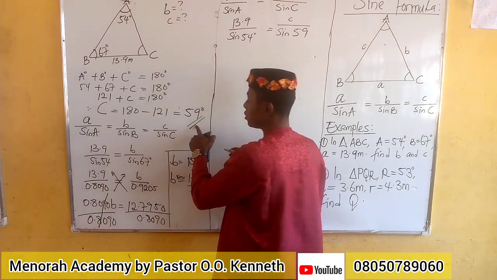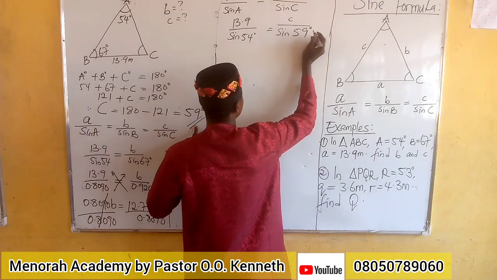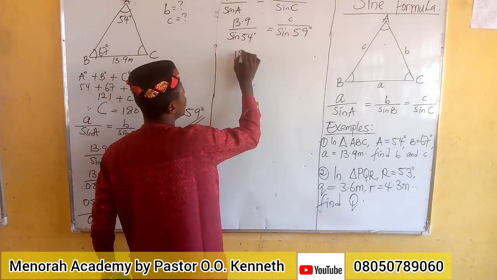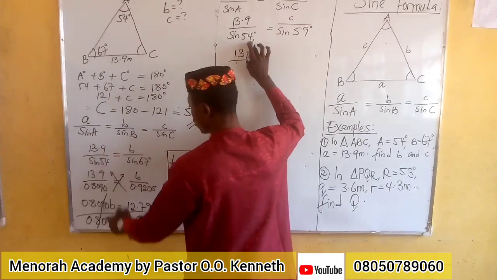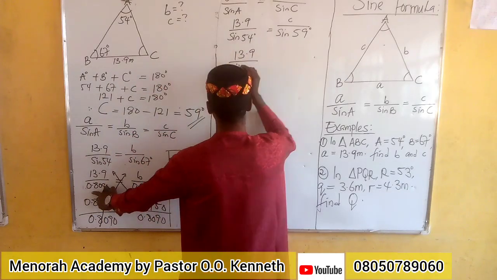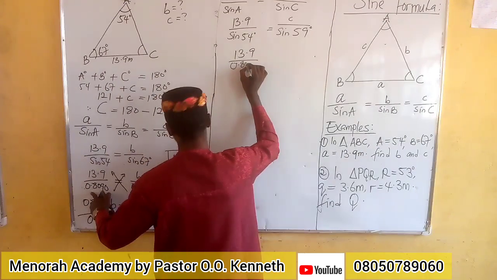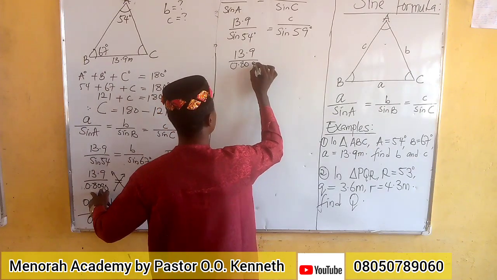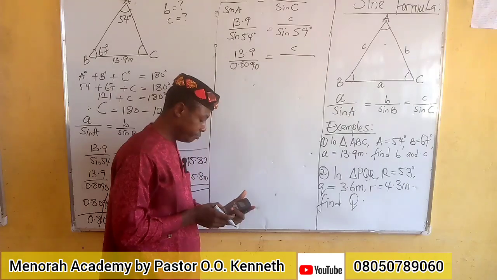So that is why we have 59 degrees. So here we are going to have 13.9 over sine 54. We have found it before. Sine 54 is 0.8090, which is going to be equal to C all over sine 59 now.